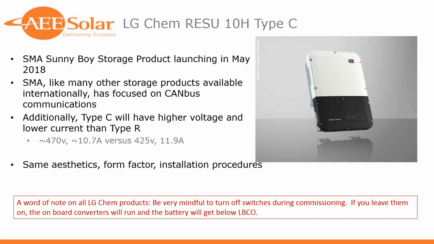A word of note here, and I'm probably going to butcher some of the specifics on this, but the number one note, and I won't really call it an issue, the number one note we've had coming back from installers and from LG Chem is to really take your time commissioning, cross all your T's, dot your I's, and be very mindful to turn things off, breakers and switches, during commissioning.